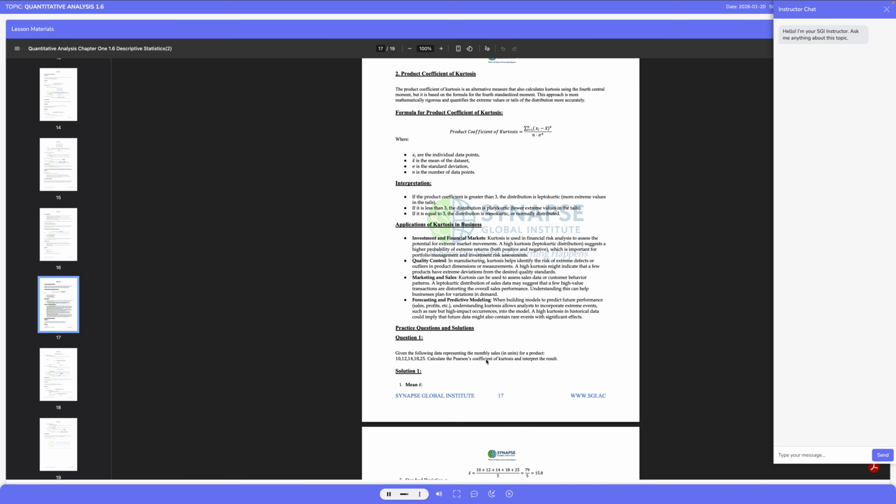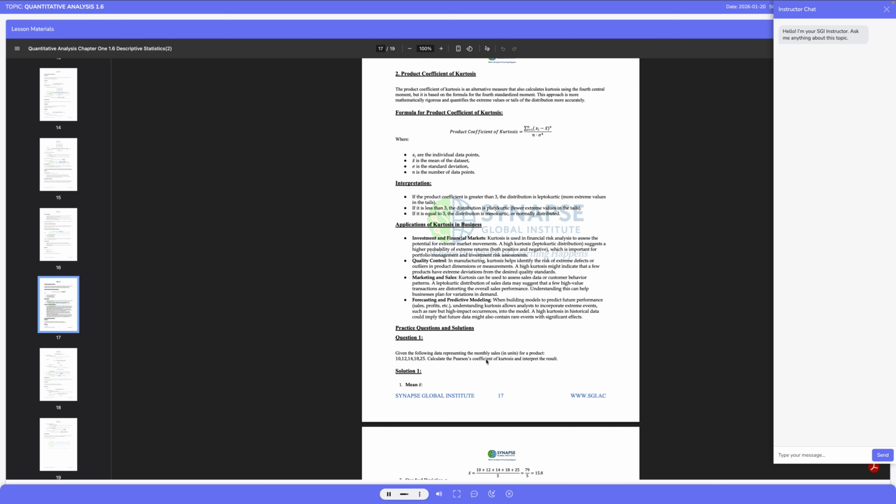Using the same dataset of 10, 12, 15, 18, and 25, the sum of the fourth powers of the deviations is 12,167, the number of observations is 5, and the standard deviation is approximately 5.25.